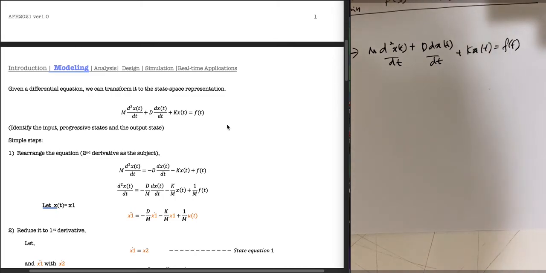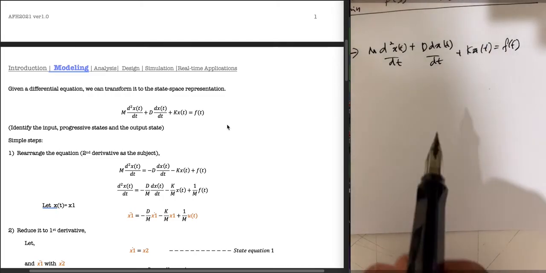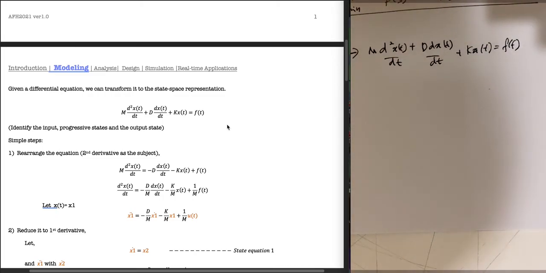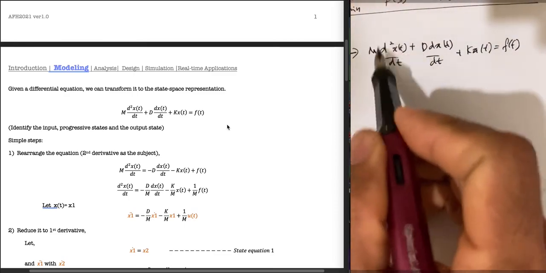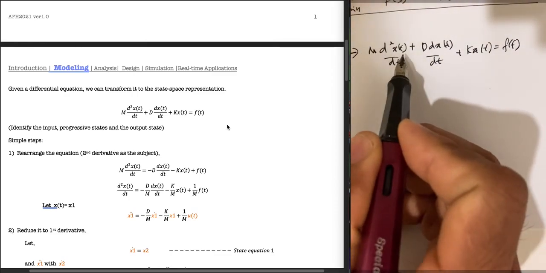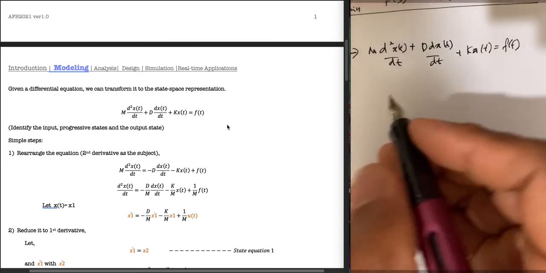The first step is to rearrange the equation. We need to see the highest derivative order, in this case the second derivative, and make it the subject of the equation.